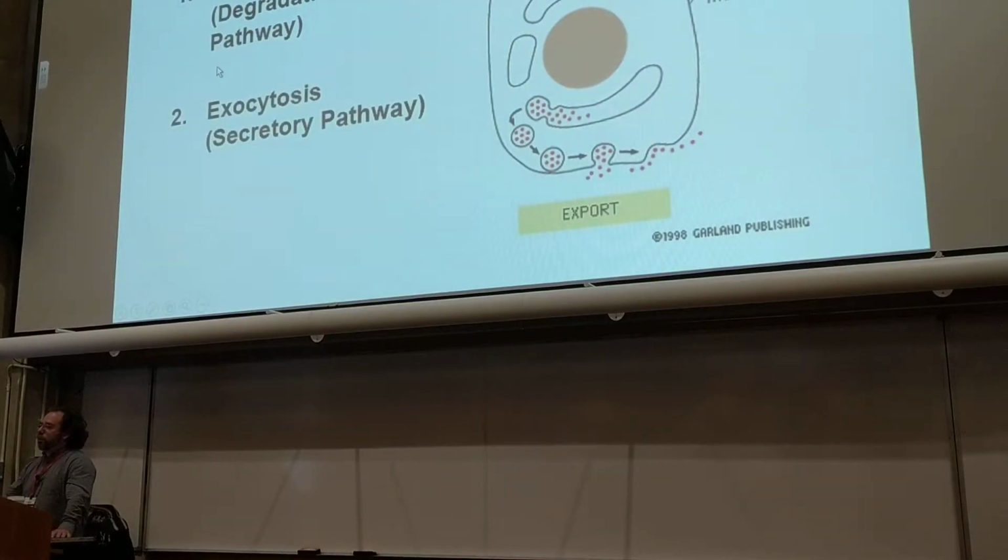So how does communication between the inside and the outside work? There are two ways. One is from outside to inside. This is import. There's another way which is export, from inside to outside. The first one is called endocytosis, and it's, for the most part, degradative.